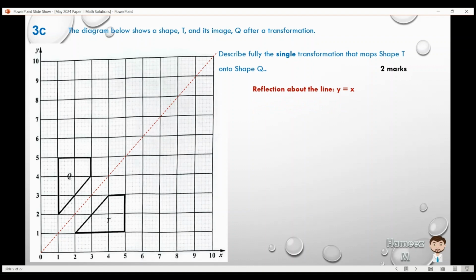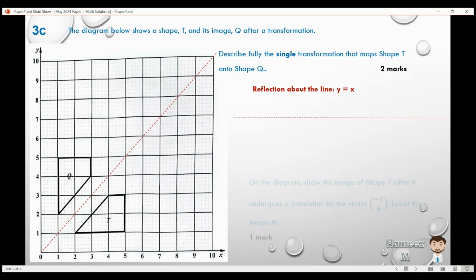And just to recall, if we look at any points on that line, the x value and the y values are the same. 0, 0, 1, 1, 2, 2. So we can say y is equal to x. So the way to describe this will be a reflection about the line y is equal to x.